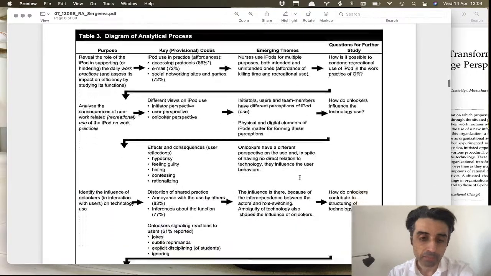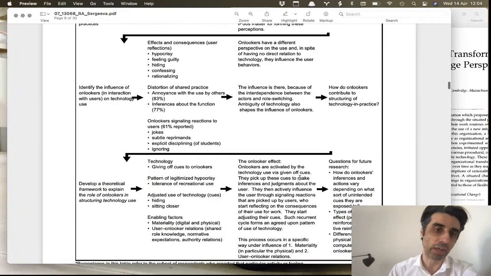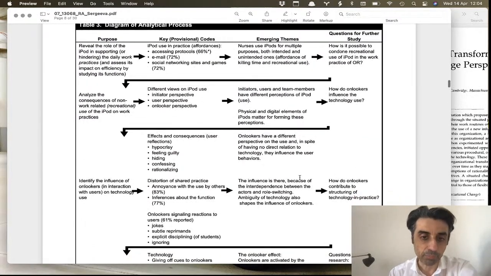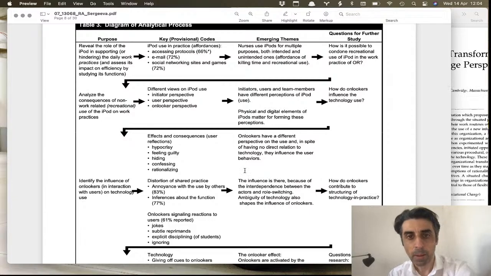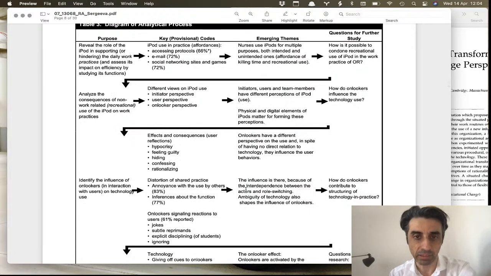Now, obviously, this is a linear representation of what is an iterative process. So in practice, it is likely that you get to this step and you need to come back here, but it does an amazing job of keeping this iterative flavor, keeping the complexity, keeping the nuance.